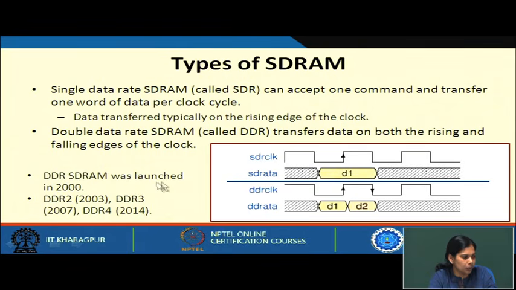DDR RAM was launched in 2000, and then with time various versions of DDR SDRAM came into market. DDR2 came in 2003, DDR3 came in 2007, DDR4 took 7 more years to come, and people are also saying that DDR5 is going to come in near future.